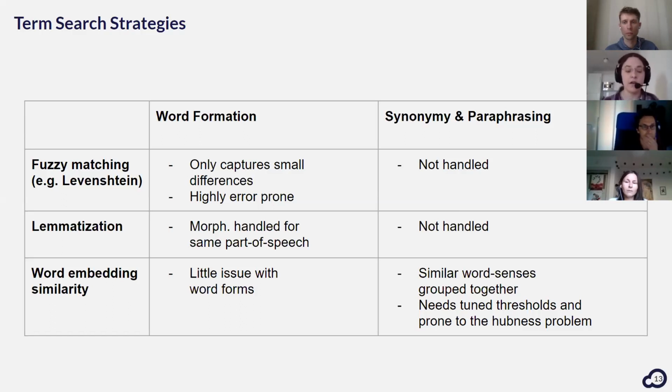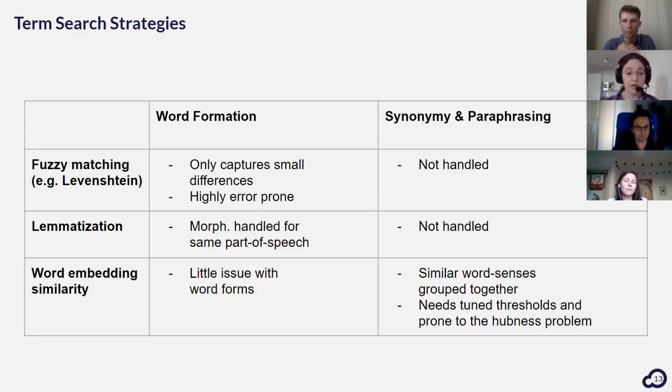Also, this is highly error prone. You might change one character and actually get a completely different word. For example, in English, hound and mound are totally different words, and they differ in only one character. And of course, fuzzy matching does not handle the problem of synonymy and paraphrasing. The more linguistically motivated approach would be to lemmatize everything.